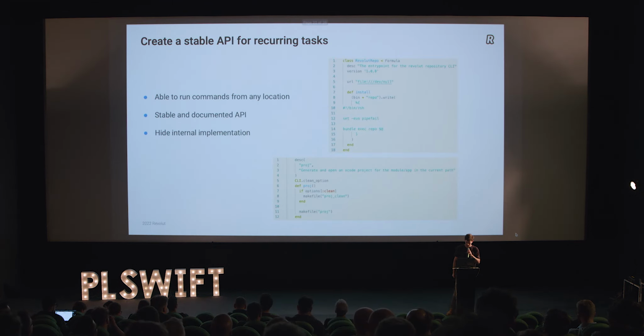So let's see what you really need first. You have to be able to run commands from any location in your repository. You cannot be installing things globally, as we mentioned, and you cannot have people writing --dash Swiftlint. So you have to have a way to trigger commands from anywhere in the repository. One way to solve that is by creating one global tool.